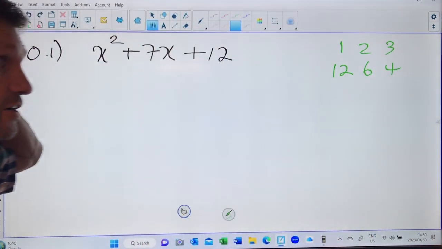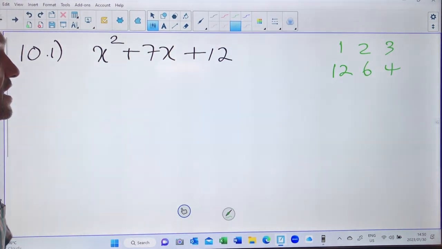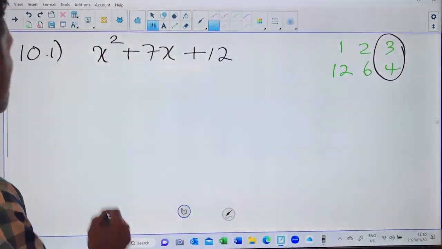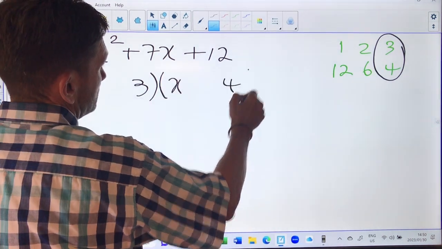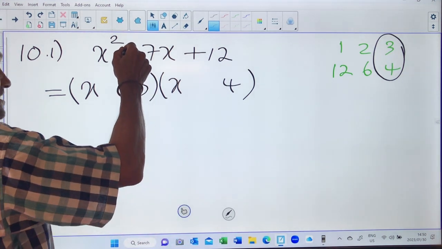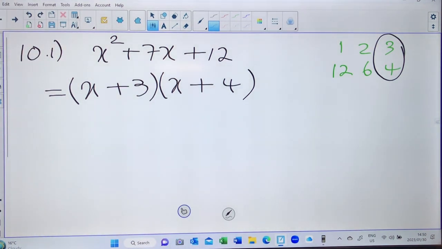Now I need to look at the combination there that if I add them will give me 7. And you can see clearly that it can only be 3 and 4. Since this is positive, it means that we're adding. Since this is positive, it means that the signs will be both positive.